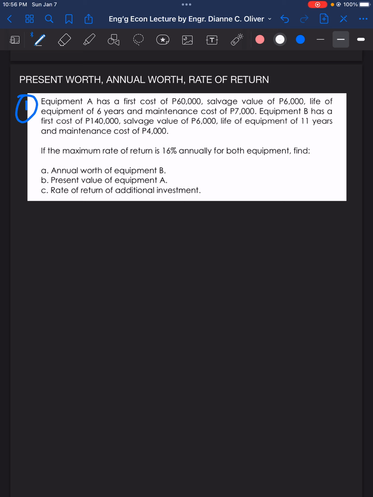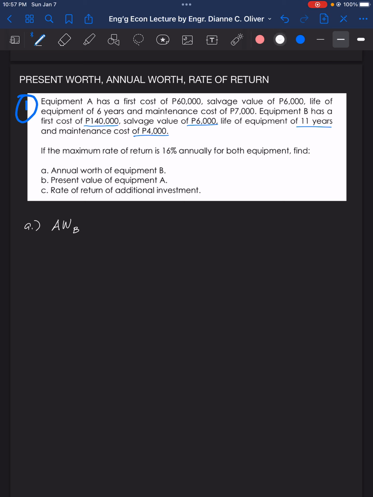Now for the first one, for letter A, we're looking for the annual worth of equipment B. For this, we have the depreciation formula. For B, the given are the first cost of 140,000, salvage value of 6,000, 11 years for the life of equipment, and the maintenance cost of 4,000 pesos.